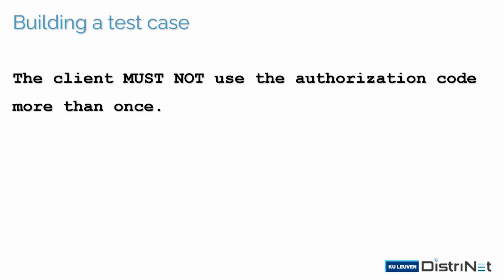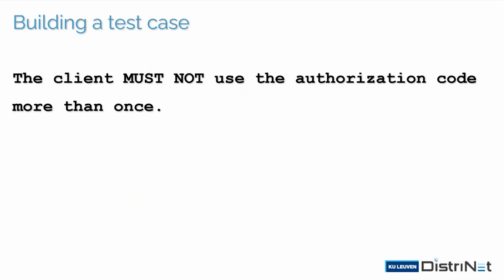For example, in the main OAuth RFC, RFC 6749, there is this requirement that the client must not use the authorization code more than once, right? I mentioned this briefly at the start of the presentation. The authorization code can be exchanged for an access token.